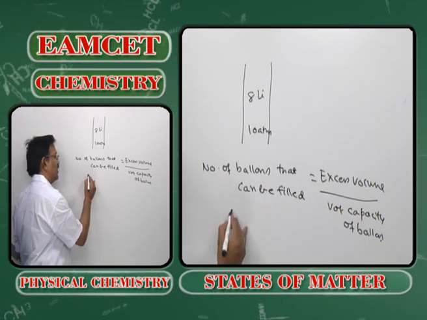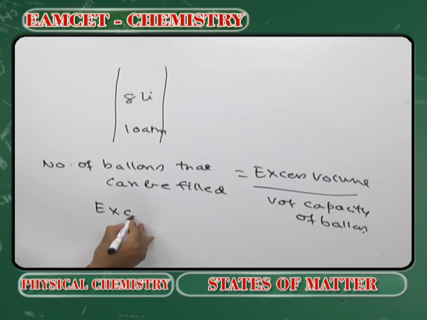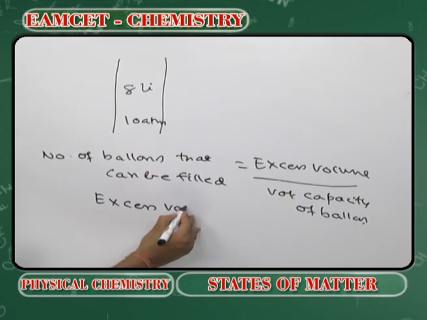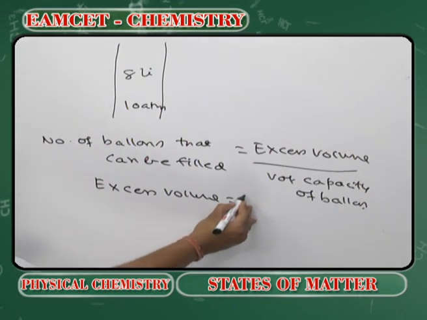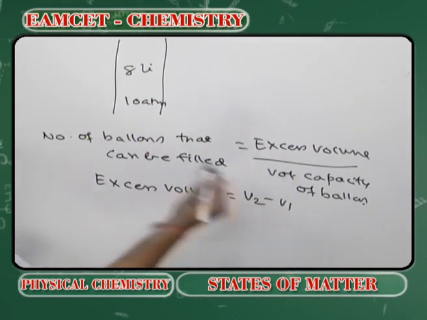How do you calculate the excess volume? Excess volume is nothing but final volume minus initial volume.